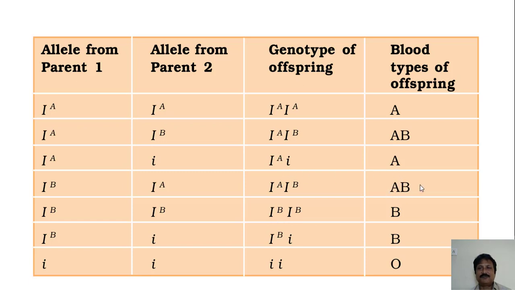This is how a father with blood group A, mother with blood group B, the daughter AB, and the son O is also possible. These are certain questions. This type of questions you may be asked to answer.